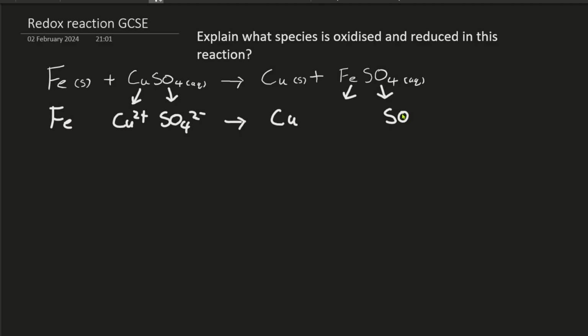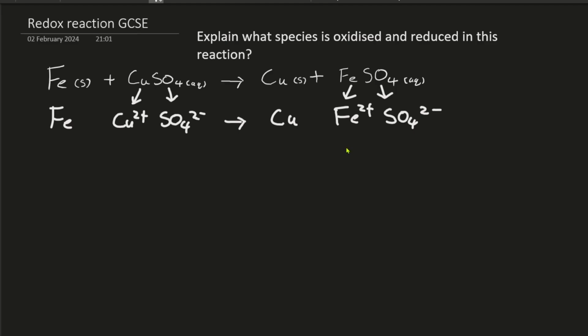Now, the sulfate ion has a charge of SO4 2-. So therefore, to balance this 2- charge, we need to put a Fe2+, like so. So now we've got all of our ions split and all the metals in our equation.